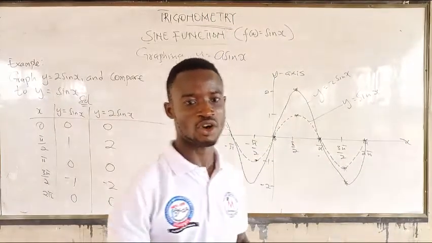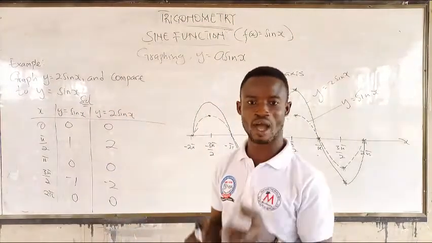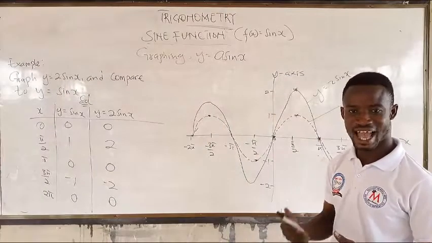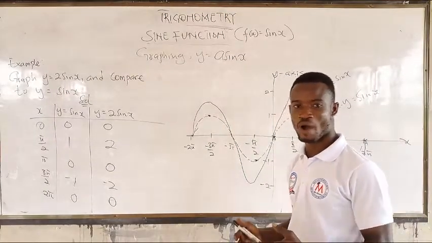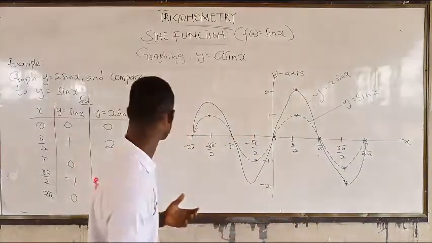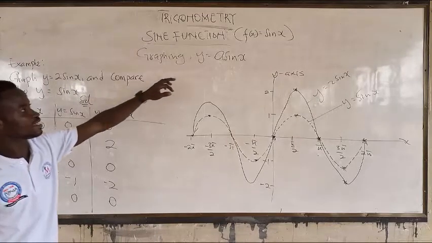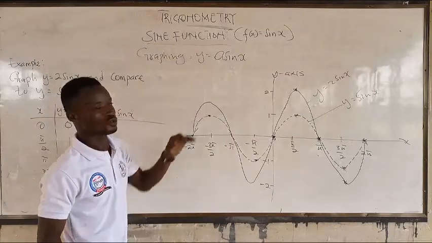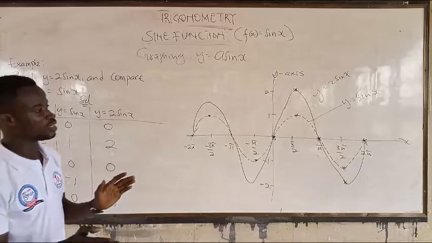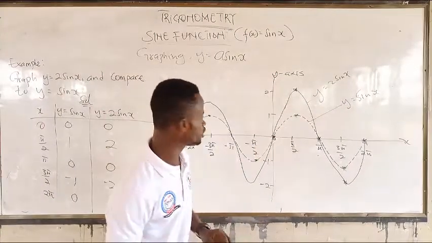So for a given value of x, the value of y is twice as large as it will be for y is equal to sin x. As shown in the table already, you can see that the a here is just showing you how large the graph is going to be.